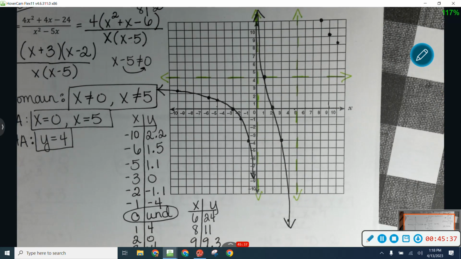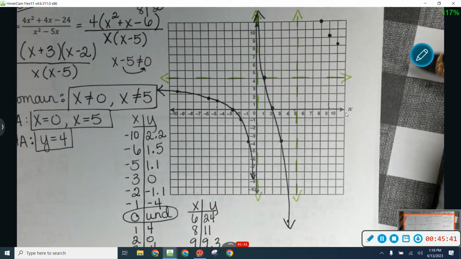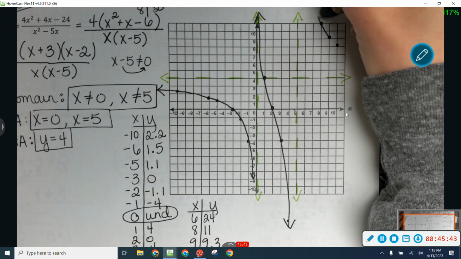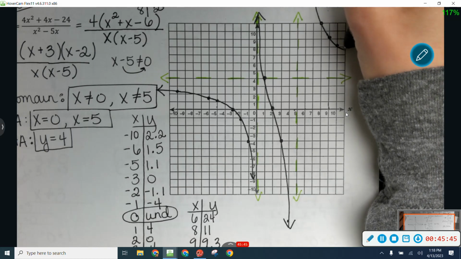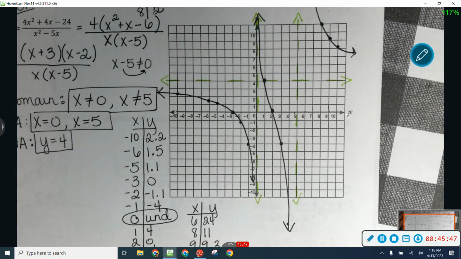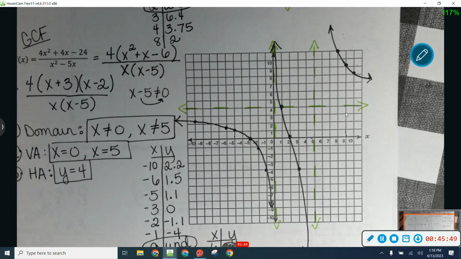If I had a further x-axis, I would see that would start leveling out. But all we have right now is this. Okay? Y'all good with that?